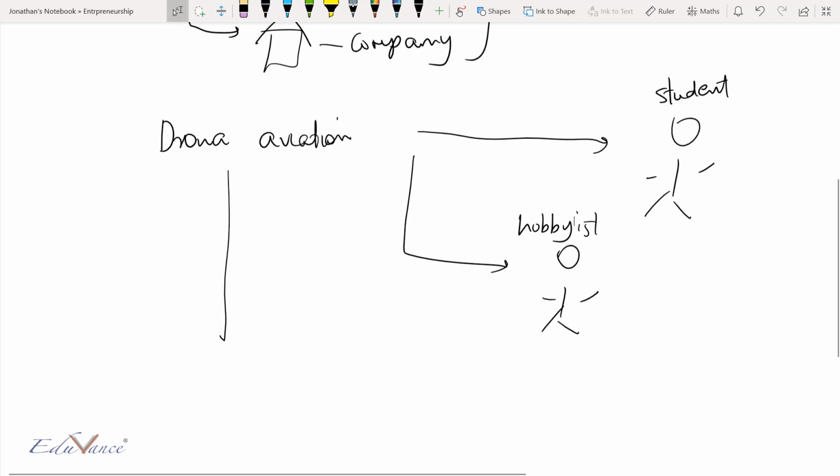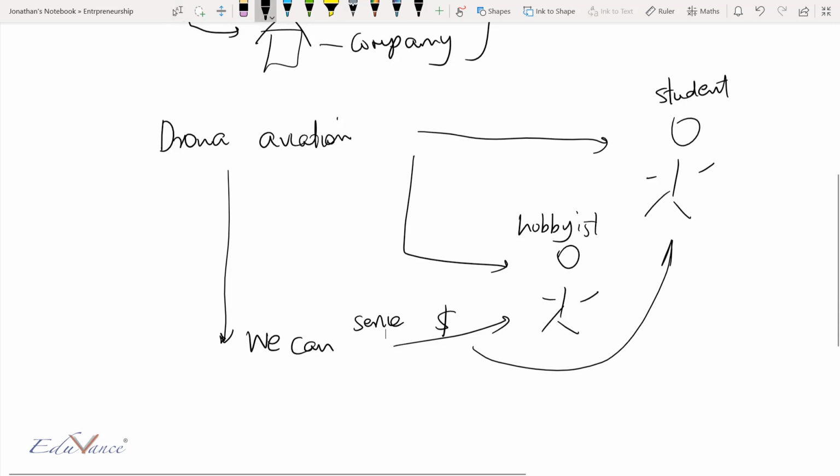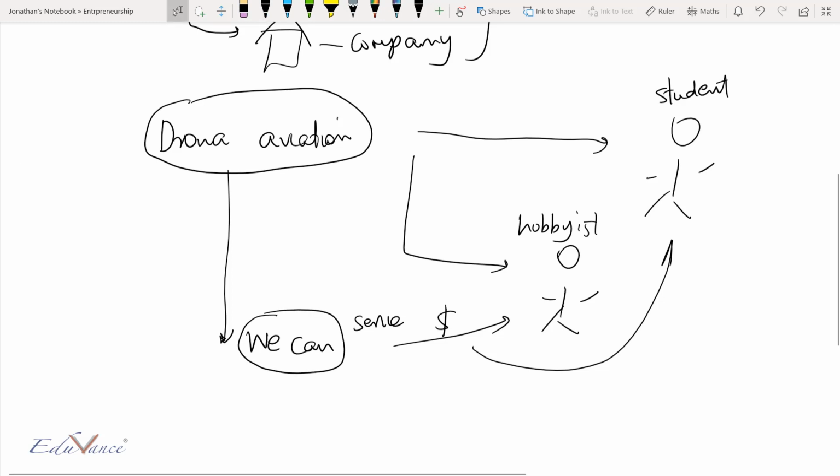Drona Aviation can also sell to another company, for example, VCAN Education, who then takes the drones and provides training to these hobbyists or students for some money. So, although this is a service, for Drona Aviation the customer could be either a company, which is VCAN Education, or an individual, which is either a student or a hobbyist.